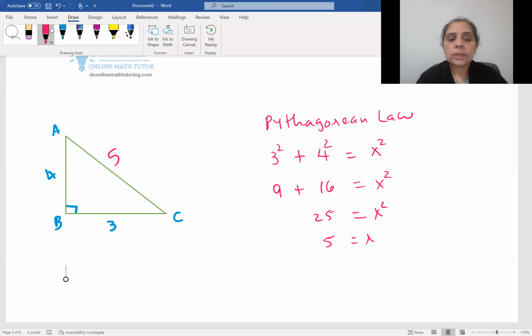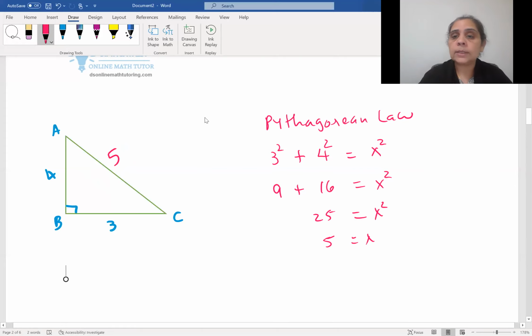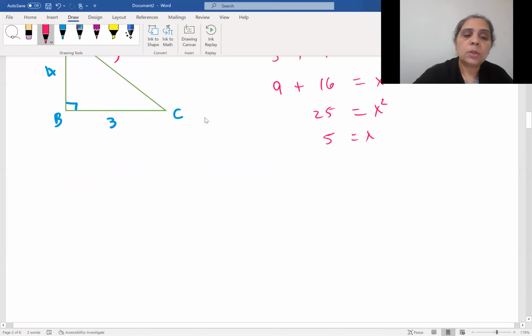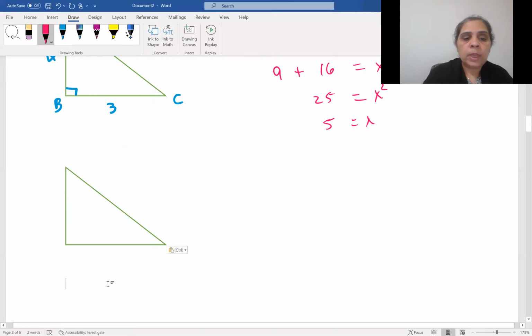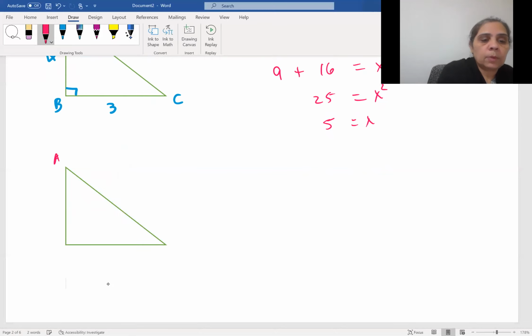Now we have each side length of this right triangle, and we can use SOHCAHTOA to find the 6 functions. We have triangle A, B, and C, with the right angle here and sides 3, 4, and 5.